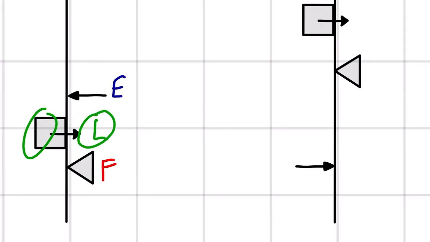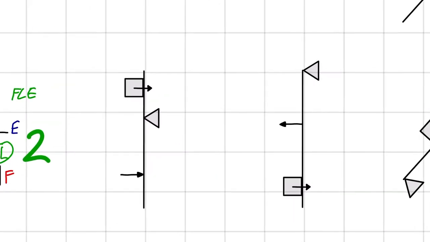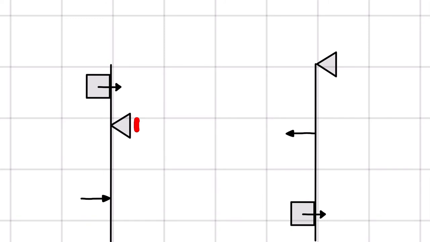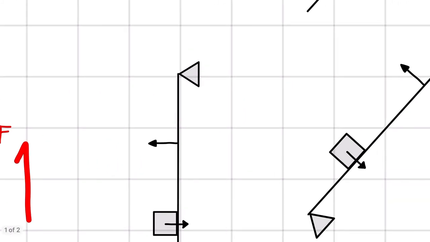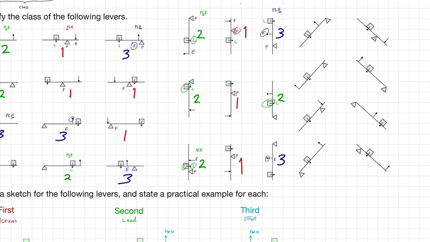According to FLEE, this is a second class lever. Here we have the fulcrum in the center, telling us it is a first class lever. And then with the effort in the center, therefore it is a third class lever. So that's all those examples done.